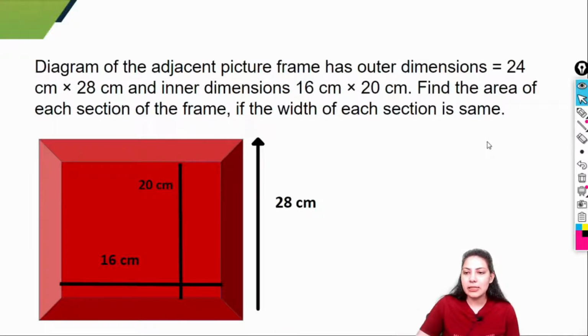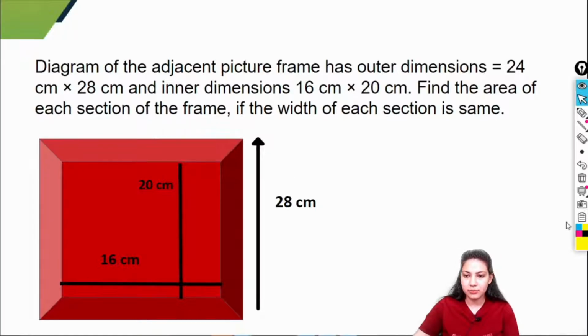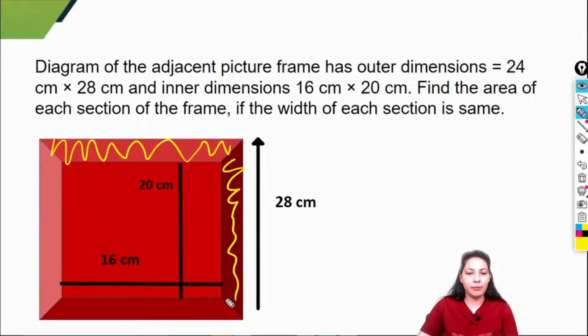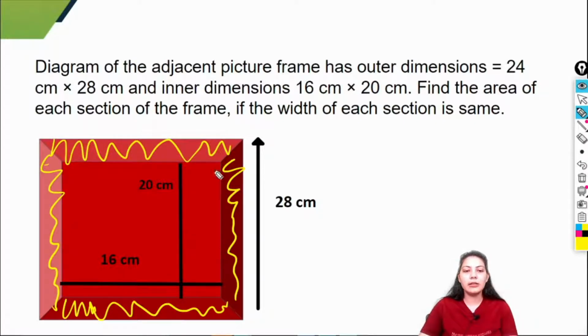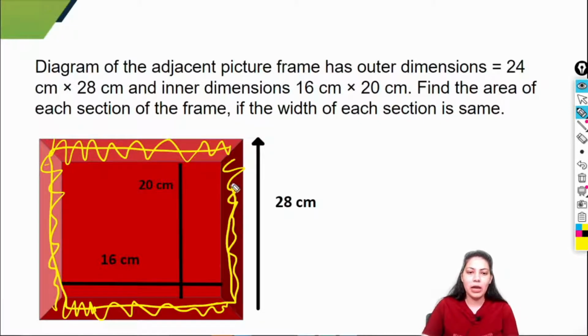So what we are asked here is that we have to basically calculate the area of this picture frame, because here it is definitely hollow. It would be substituted by a picture. So we have to calculate this whole area, and we are given the widths are same. So definitely these all will result into similar dimensions of width.